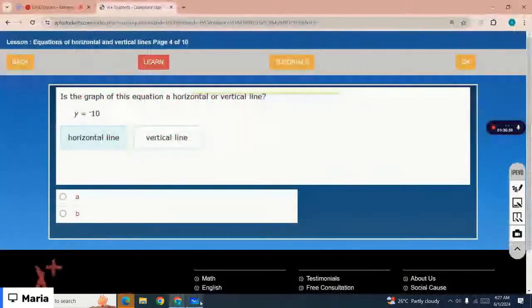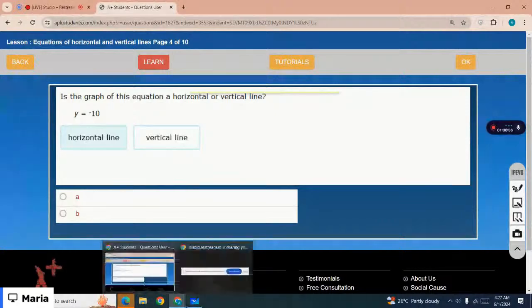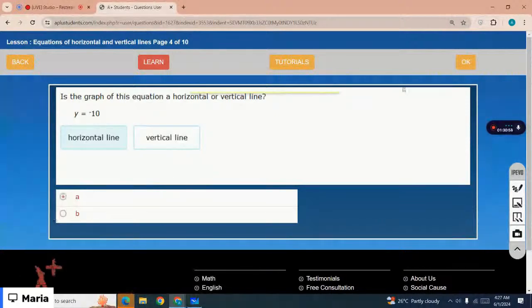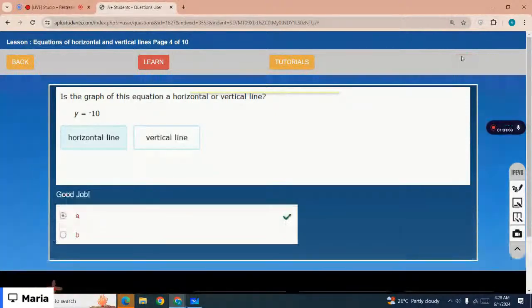Y equals -10, right? That means the line is parallel to the x-axis. So which line is it? Horizontal line it is. The correct option is option number A, horizontal line.